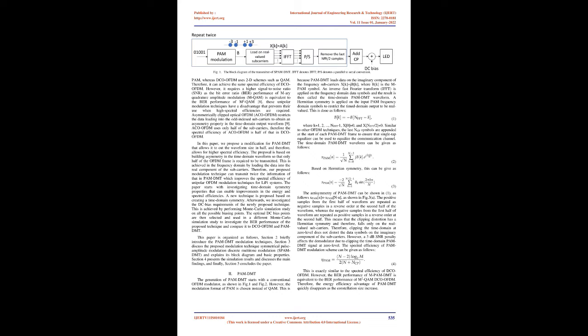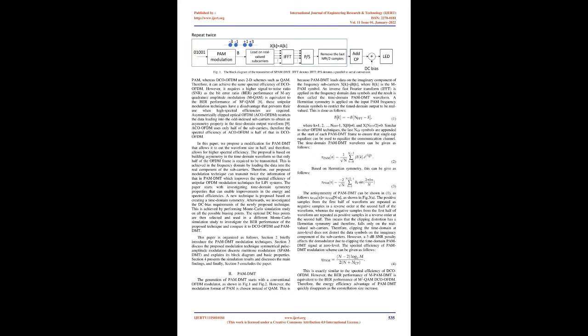However, PAM-DMT uses 1D modulation schemes such as PAM, whereas DCO-OFDM uses 2D schemes such as QAM. Fig. 1. The block diagram of the transmitter of PAM-DMT. IFFT denotes inverse fast Fourier transform, P/S denotes a parallel to serial conversion. Therefore, it can achieve the same spectral efficiency of DCO-OFDM.